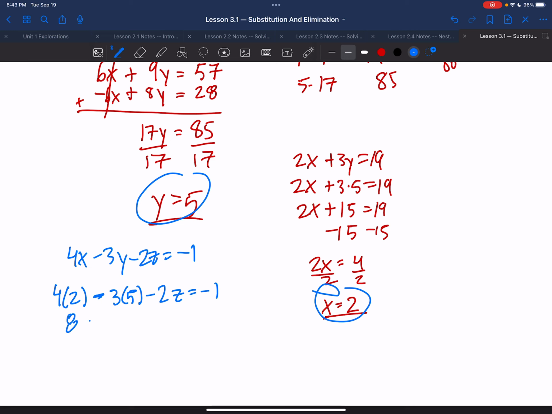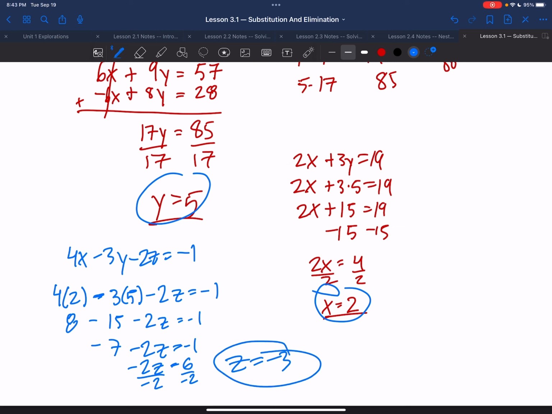So that is 8 minus 15 minus 2z equals negative 1. 8 minus 15 is negative 7. Took a second there. Add 7 to both sides. I get negative 2z is 6. Divide by negative 2. 6 divided by negative 2 gets me z equals negative 3. Ta-da! Hooray! So x is 2, y is 5, z is negative 3.